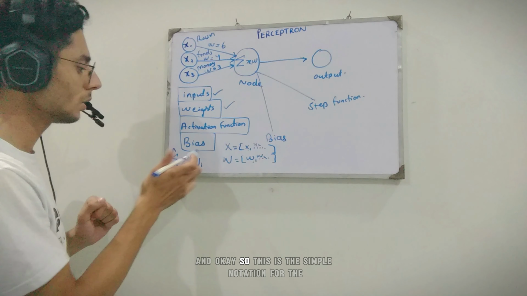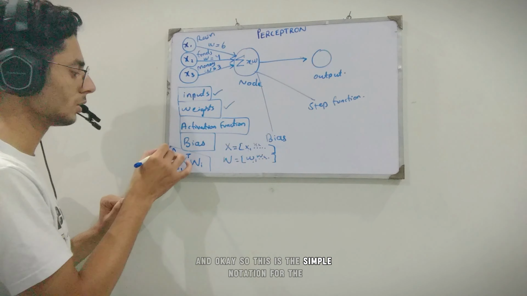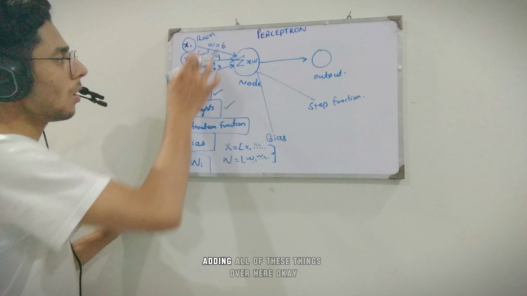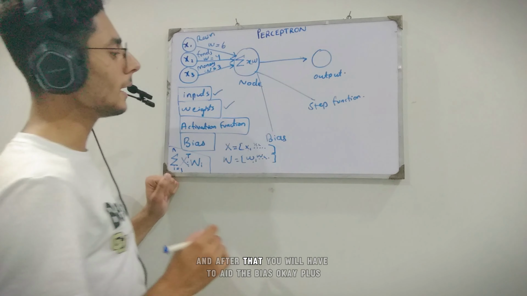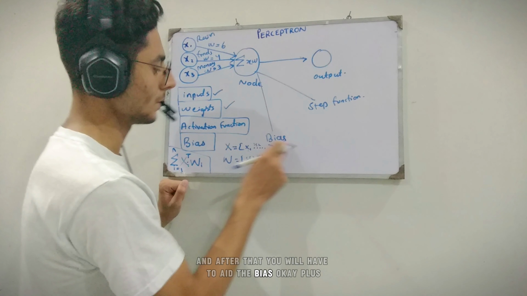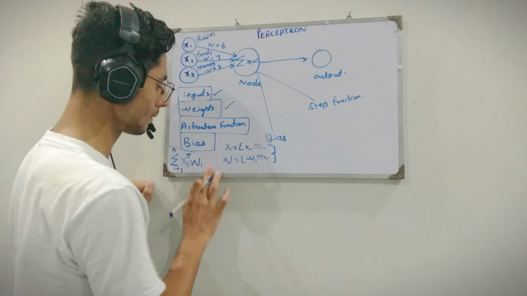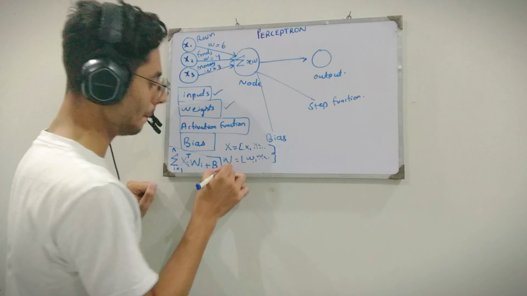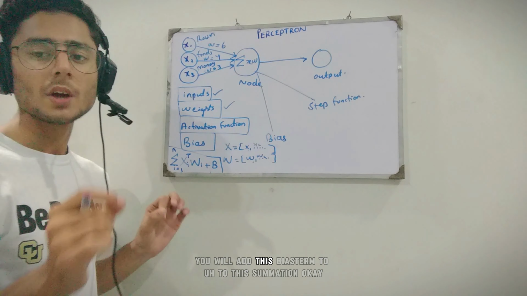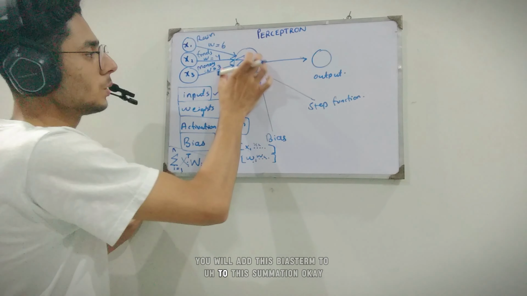This is the simple notation for adding all of these things. After that you will have to add the bias. Plus the bias term. You add this bias term to this summation.